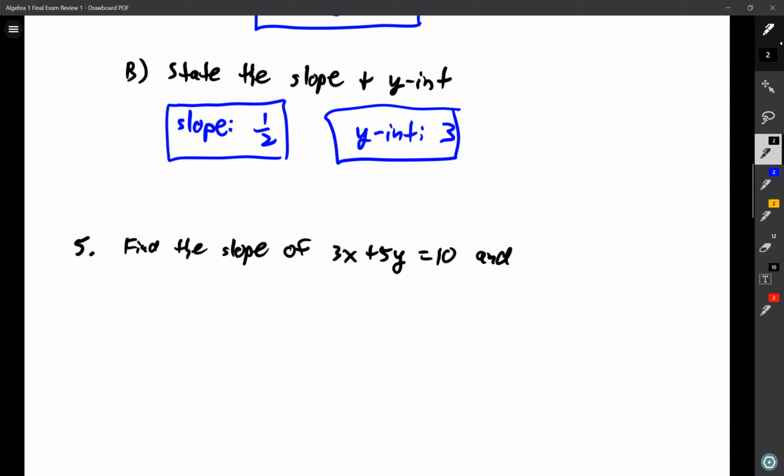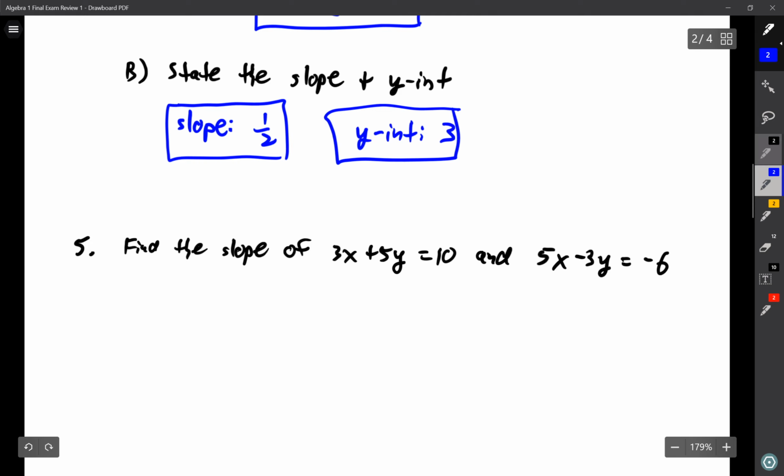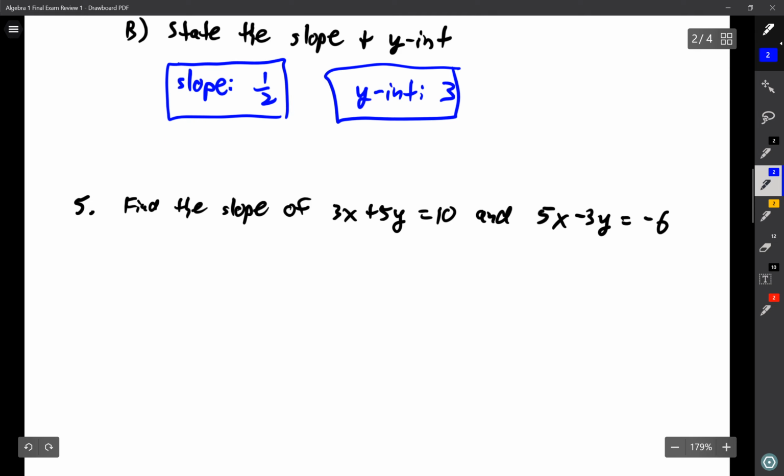And 5x minus 3y equals -6. So let's start with that. Let's find these slopes. So the way I prefer to find slope is, again, to rearrange it into slope-intercept form, and then just pull the slope from the x coefficient.